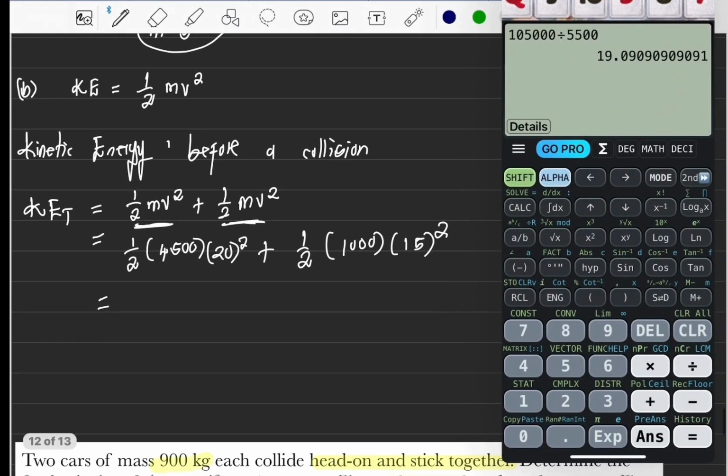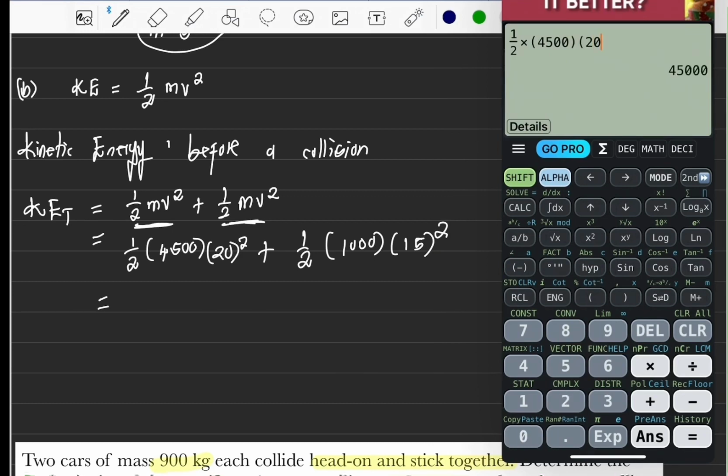Then we use our calculator. We have 1 over 2 multiplied by 4,500 multiplied by 20 squared, so the answer is 900,000.